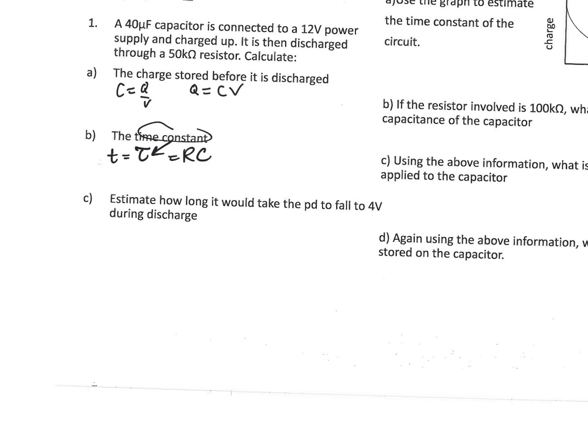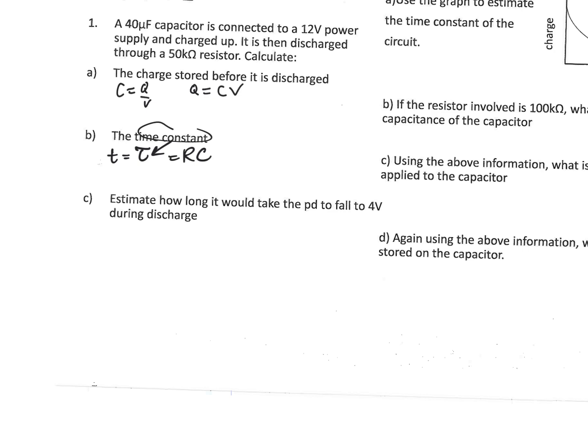The resistance in the circuit times the capacitance. Okay? Now, what does that tau time constant mean? When we talk about a time constant, it depends on whether it's discharging or charging.